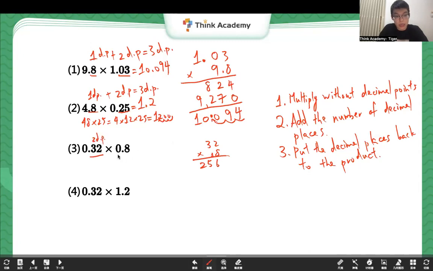On the right-hand side, I have 1 decimal place. So altogether, there should be 3 decimal places again. Now, 1, 2, 3, it goes right there. So can I just write the answer as .256?